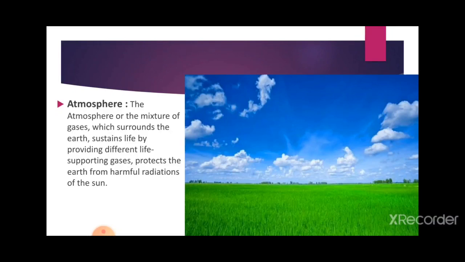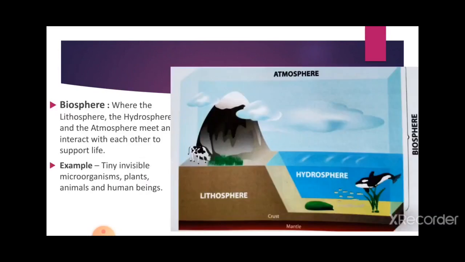Okay. Now moving to the next, that is the biosphere. So what is the biosphere? It is not the fourth component of the abiotic natural environment. This is the interaction of the lithosphere, hydrosphere and atmosphere.